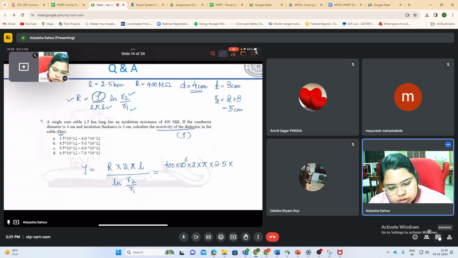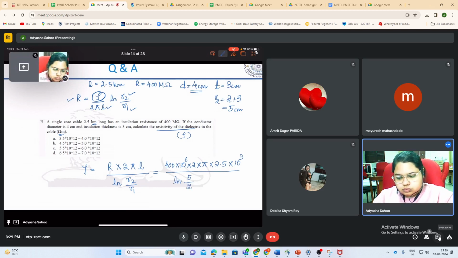L is in kilometers, so we need to convert it into meters because the dielectric resistivity is asked in ohm meters. What is the answer, anyone?